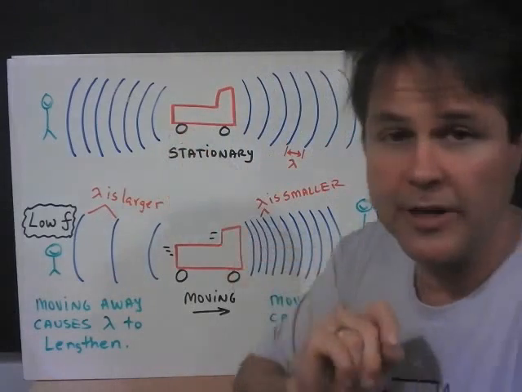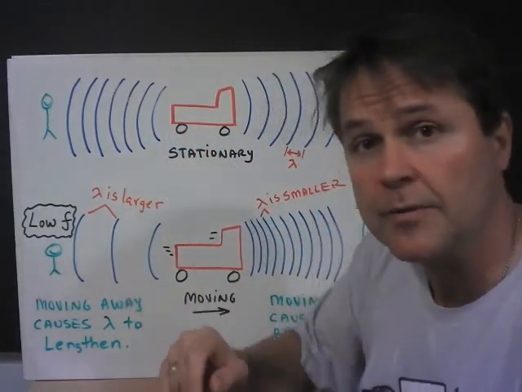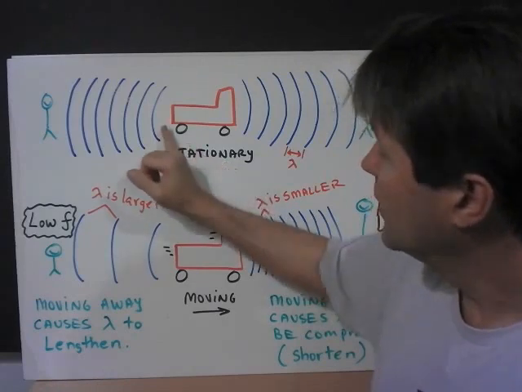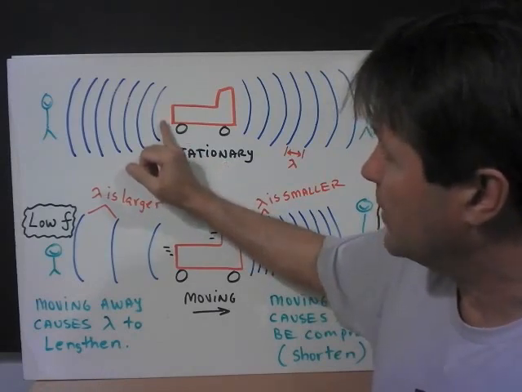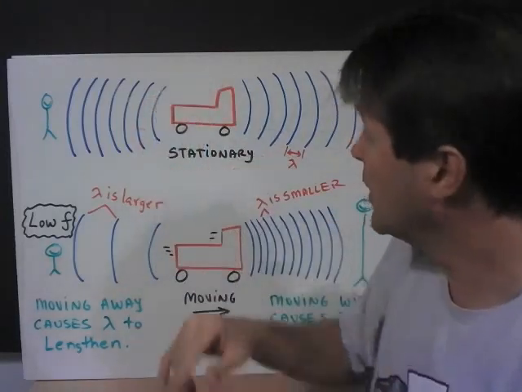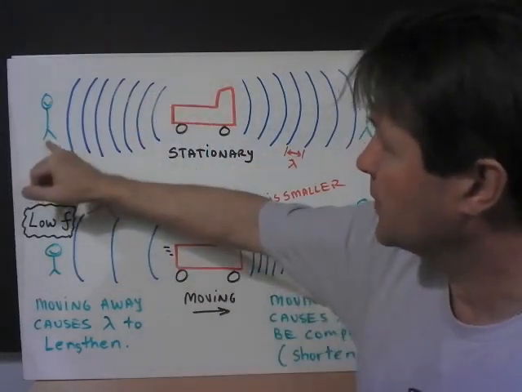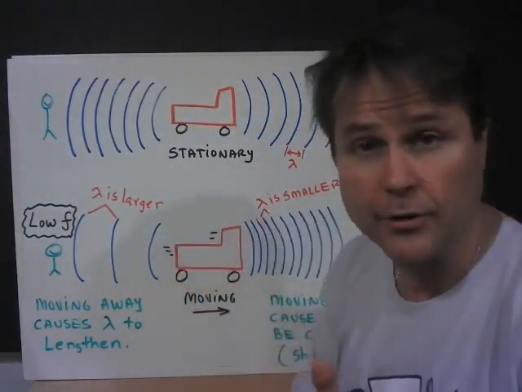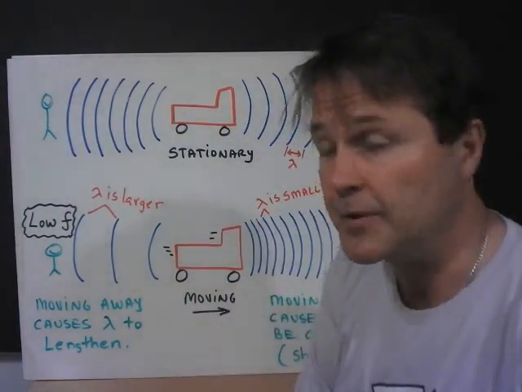So here's an illustration of a fire truck blaring its siren. Now when it's stationary, the sound waves are emitted in all directions, three-dimensionally, and somebody behind the fire truck hears whatever the person standing in front of the fire truck hears. There is no difference.